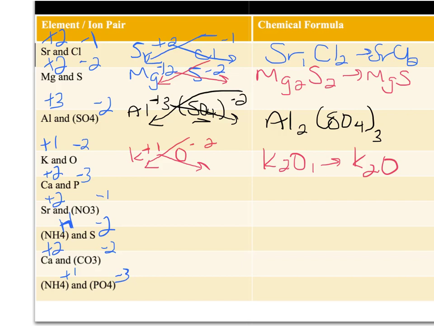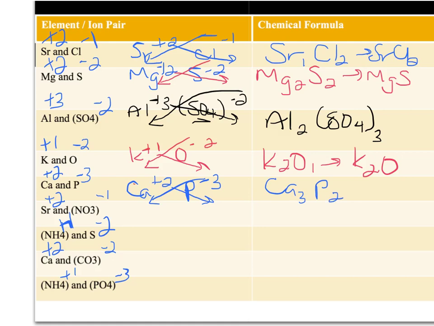Okay. The next one, Ca +2, P -3. The -3 comes over here, drops its sign, and the 3 becomes calcium's subscript. The 2 comes over and becomes phosphorus's subscript, and it loses its sign. So this chemical formula is Ca3P2.